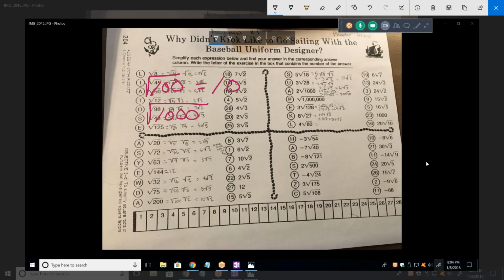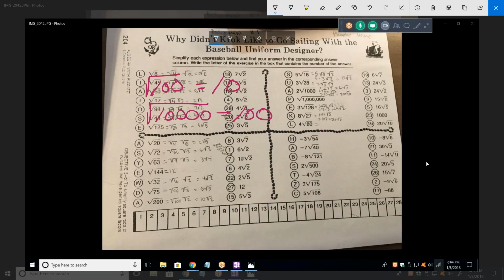But if there are an even number of zeros, well, then that becomes 100. Notice that the square root has exactly half the number of zeros that were in the problem. In other words, this had 4 zeros, therefore my answer has 2 zeros.